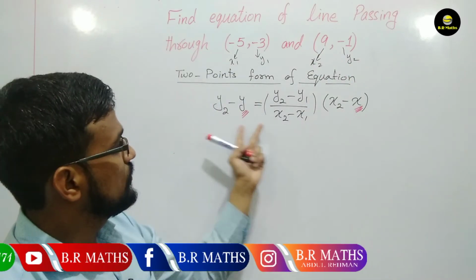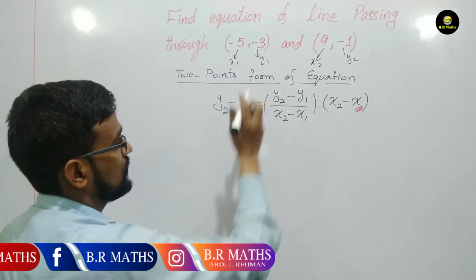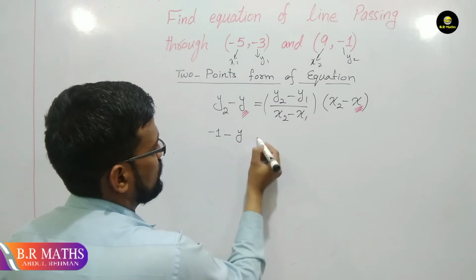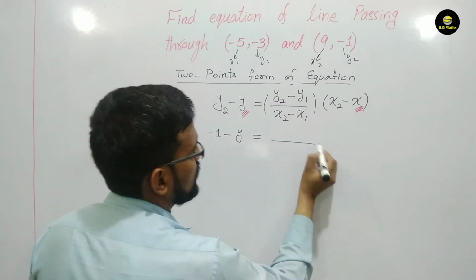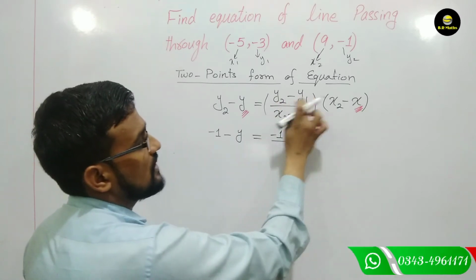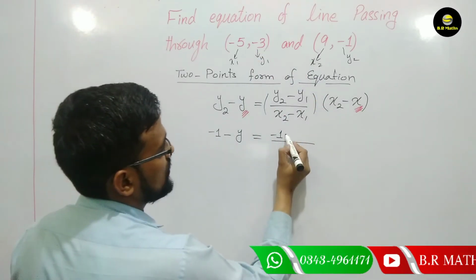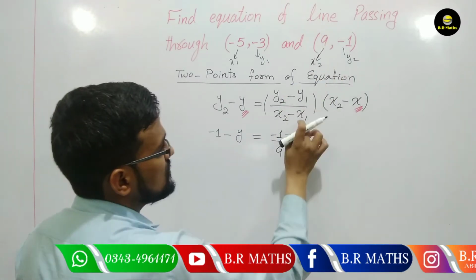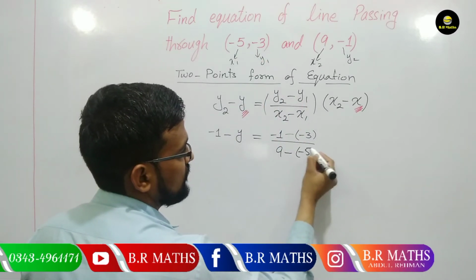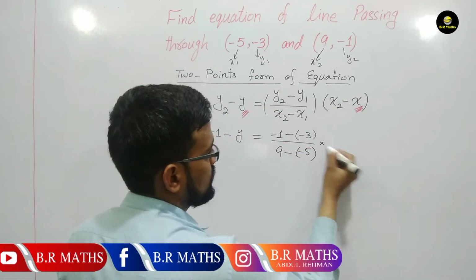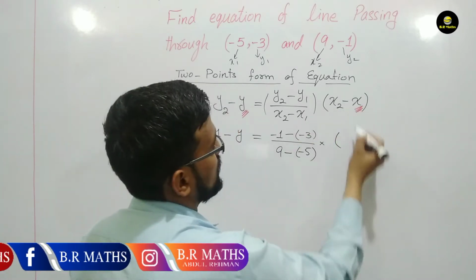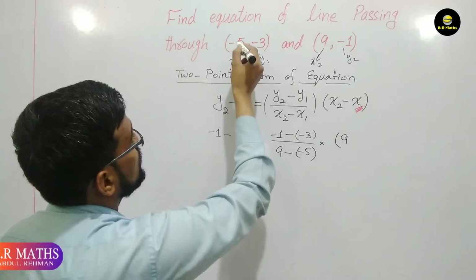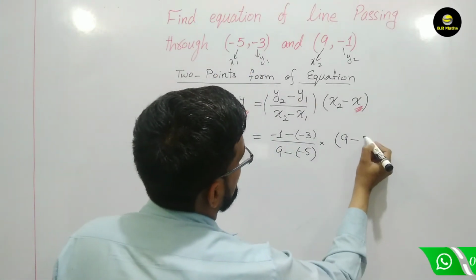So according to the formula, put the values. y2 is minus 1, minus y, equals minus 1 minus y1, where y1 means minus 3, divided by x2, which is 9, minus x1, which is minus 5, and here x2 is 9, minus x.